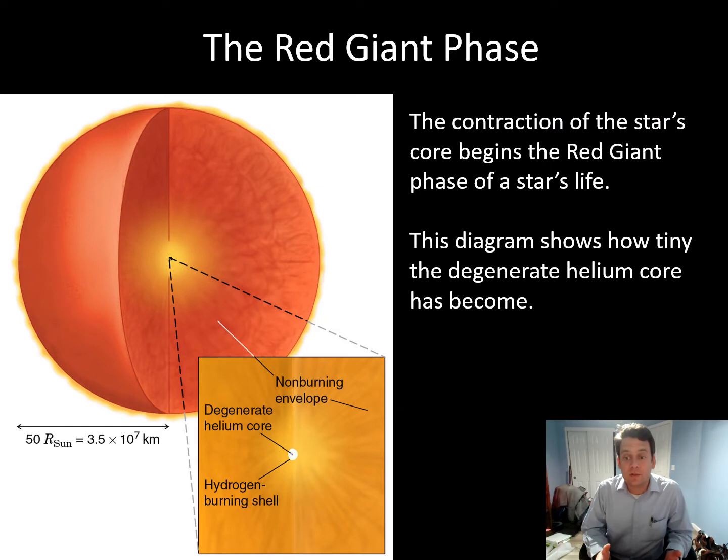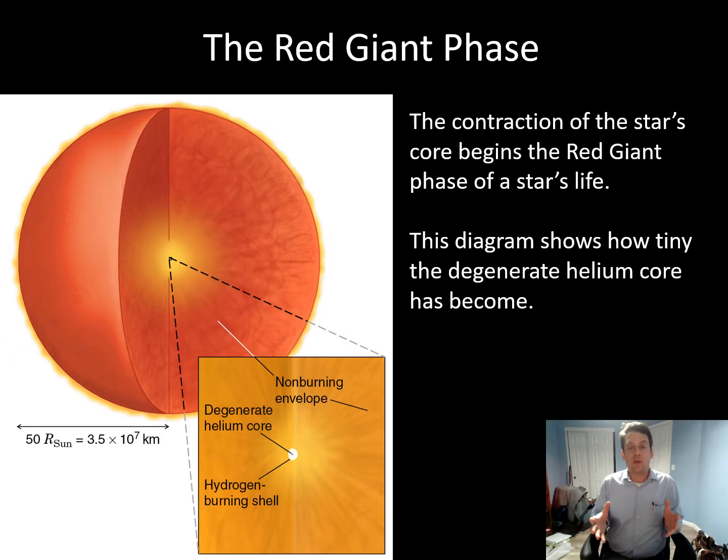So we've said that once the hydrogen is completely exhausted in the stellar core, the core begins to collapse. And eventually, the only reason it doesn't collapse forever, down to a point, is that eventually the electron degeneracy pressure becomes so large that it is able to stabilize the core against further collapse.